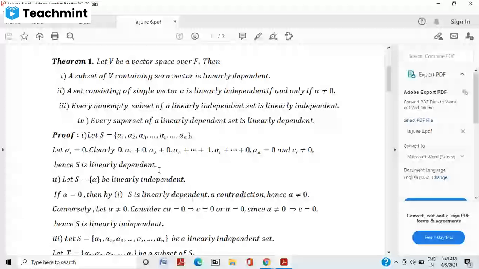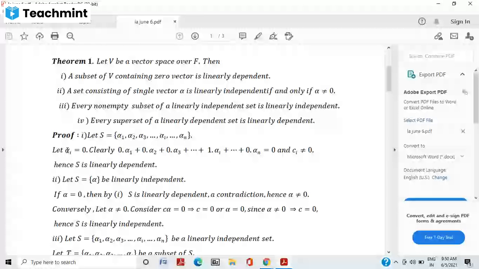Okay, how have we taken it? We have taken S as alpha 1 to alpha n. We consider alpha i equal to 0. Alpha i equal to 0 means alpha i can be written as 1 into alpha i equal to 0.